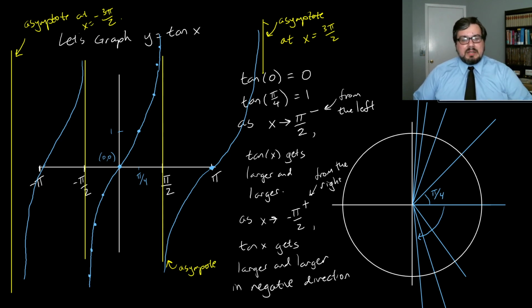All right, so really quickly, we're going to look at how we construct the graphs of secant and cosecant, and those are built off of the graphs of sine and cosine because of the reciprocal identity.